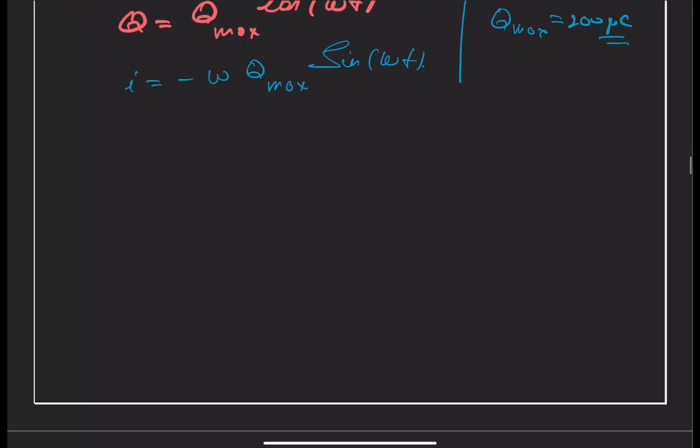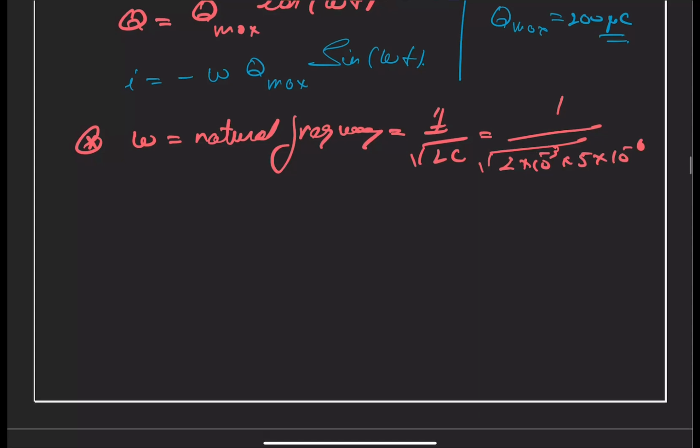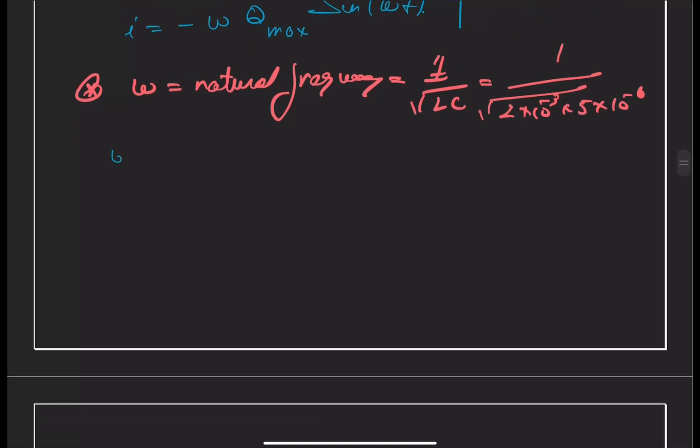So we can find out the natural frequency, that is our omega, which will be equal to 1 upon square root of LC. We substitute the values. Inductor is 2 millihenry, so this becomes 2 into 10 to the minus 3, and 5 microfarad, 5 into 10 to the minus 6, and its square root. So we get omega will be equal to 10 to the power 4 radian per second. So this is the value of the natural frequency.